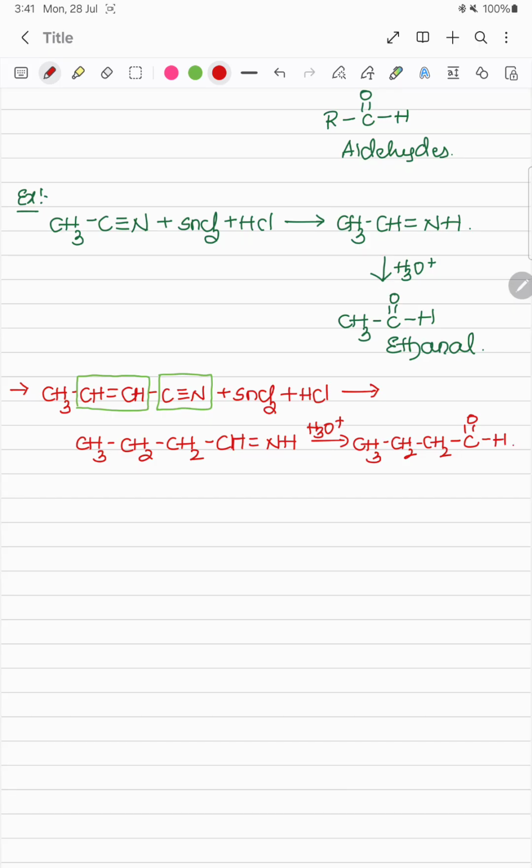Have you observed, if you are using SnCl2 and HCl, your double bond is also reduced and even the triple bond is also reduced. Means your SnCl2 and HCl, which is there as Stephen's reducing agent, is a non-selective reagent, because it doesn't select a triple bond or a double bond. It will reduce everything. That's why it is called a non-selective reagent. The non-selective reagent is Stephen's reagent.